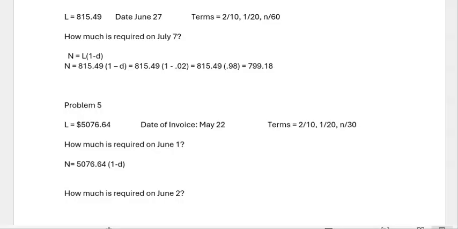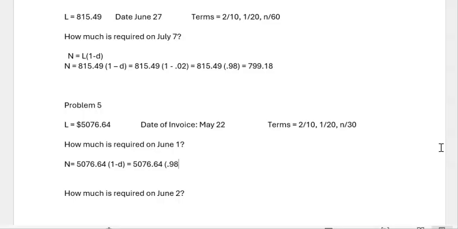Because it's the 22nd, on June 1st we can take 2%, because June 1st is the 10th day, so we do qualify for the 2%. So $5076.64 multiplied by, well, it's 2%. We figured out above that 1 minus 0.02 gives us 0.98.